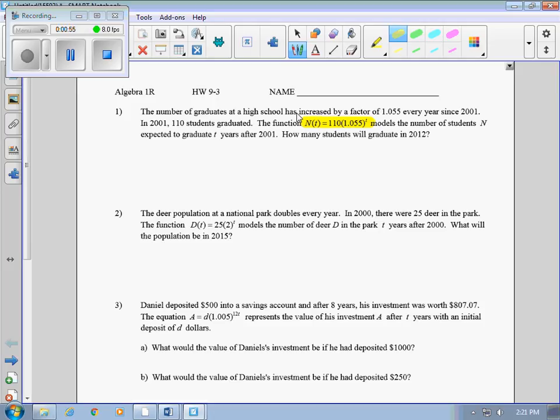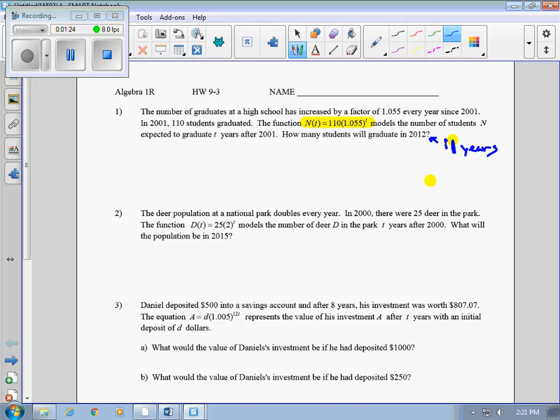We know that 2012 was 11 years after 2001. So that's 11 years difference.